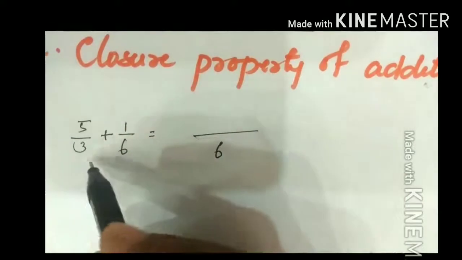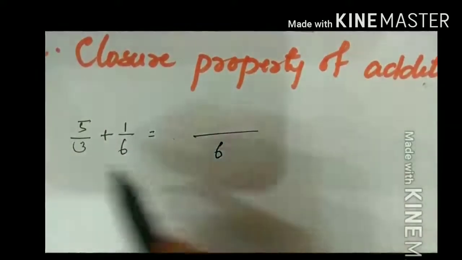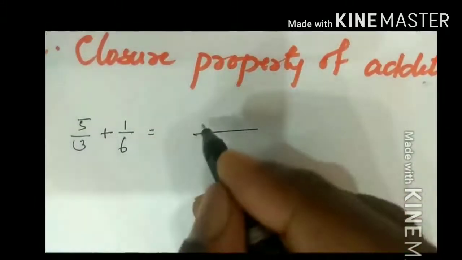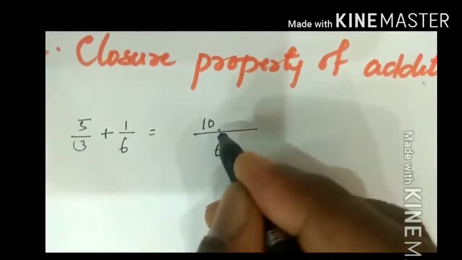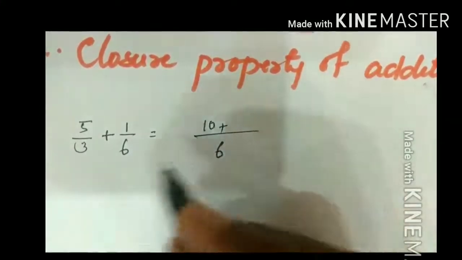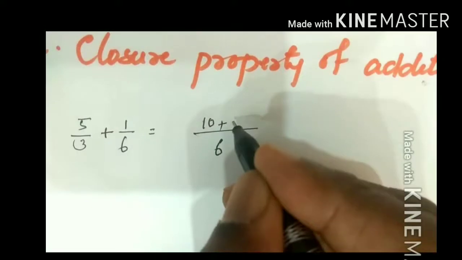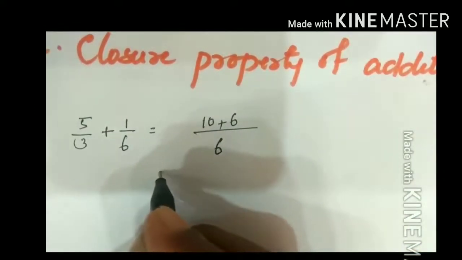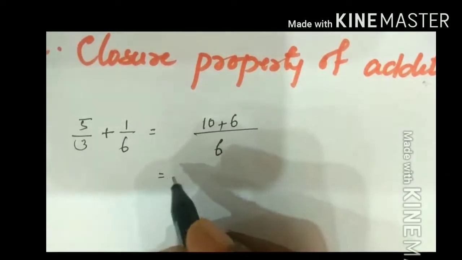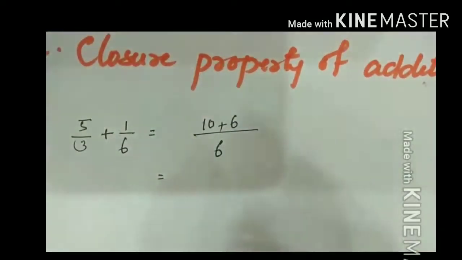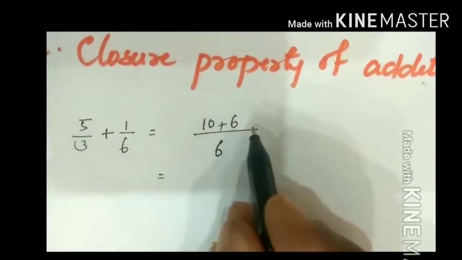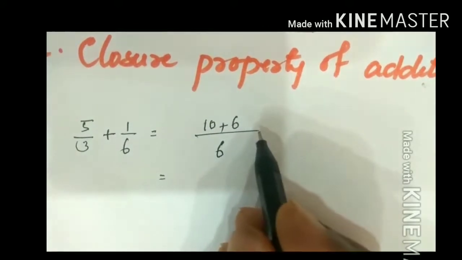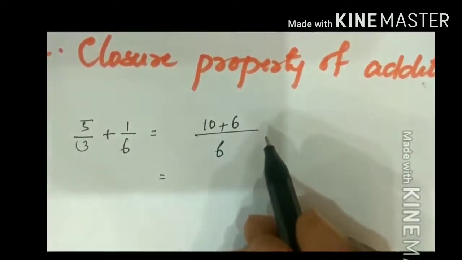Now, 6 divided by 3 is 2, 5 twos are 10. Plus, here, 6 ones are 6, so 1 into 1 is 1.